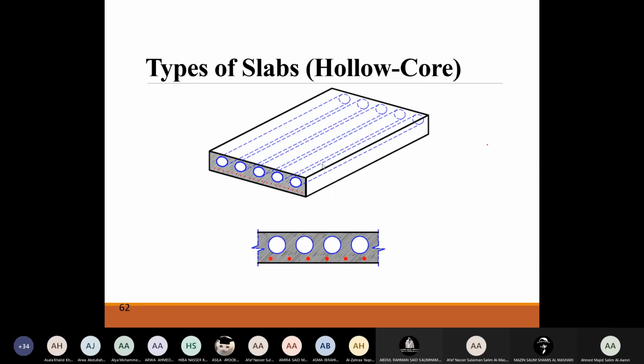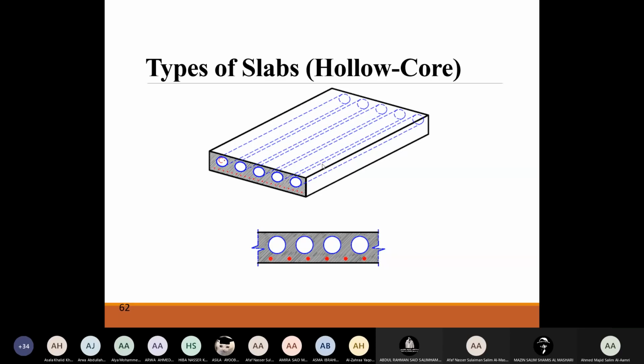Now, hollow core is used normally for precast or pre-stressed elements, as Ittihad said. I think most of you are studying pre-stressed now, or you have studied it, or you are going to study it next semester. So hollow core is used a lot with pre-stressing forces. Why are we using it? We are trying to remove areas.